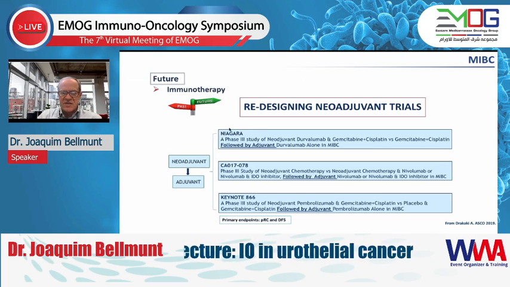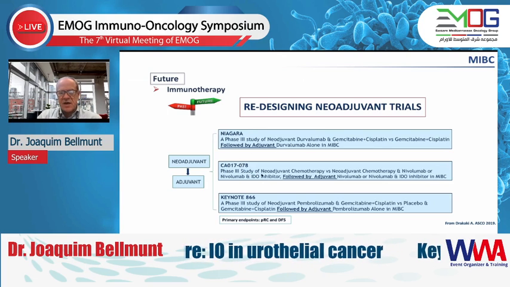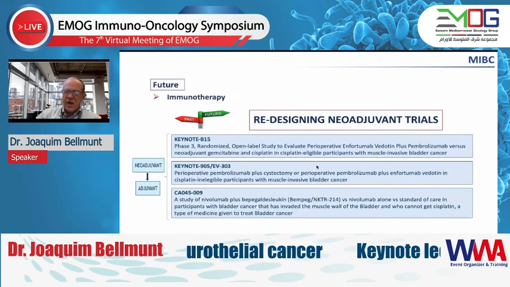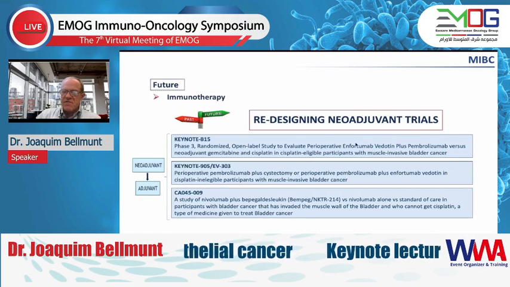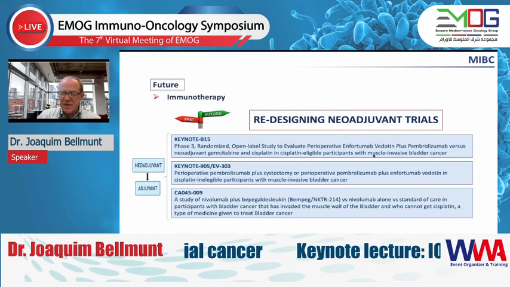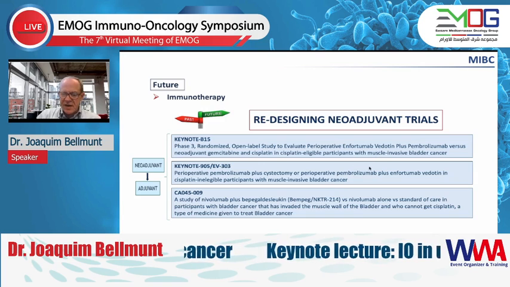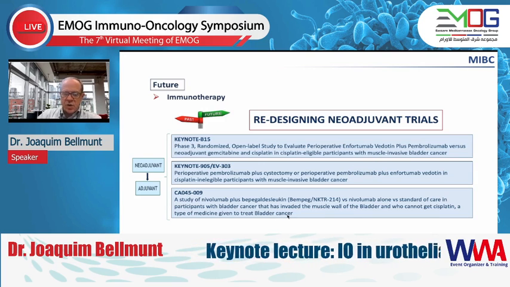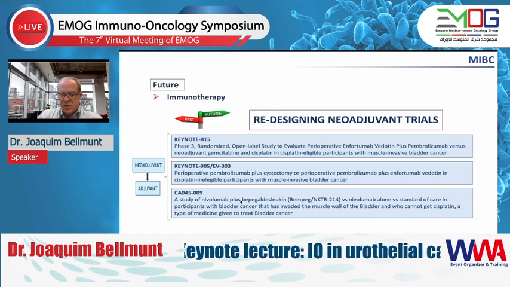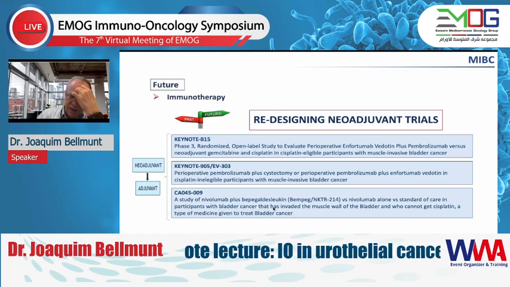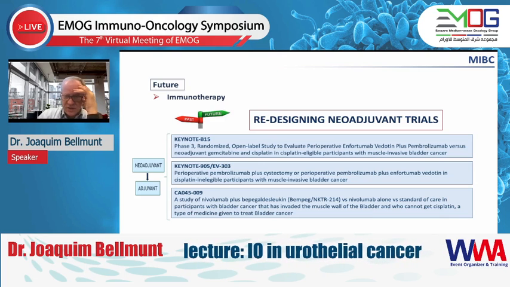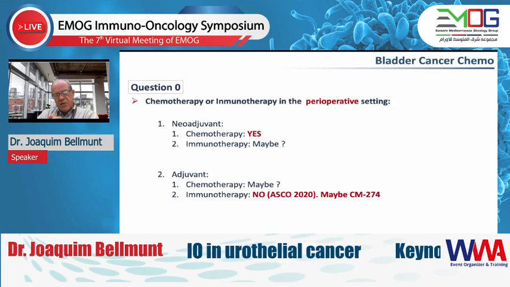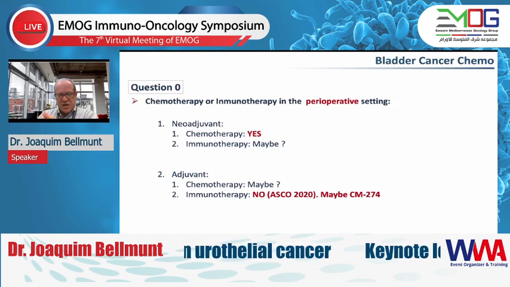We have the NIAGARA, that is neoadjuvant plus adjuvant, the CA017-078, that is using chemoimmunotherapy, or we have these others also using enfortumab vedotin plus pembrolizumab in the neoadjuvant setting, or using, again, here in patients who are ineligible, or finally here, this IL-2 combination of nivolumab with this compound that, as mentioned, the NKTR-214, that is an optimized way of giving IL-2. So we're going to see interesting results in the coming years.